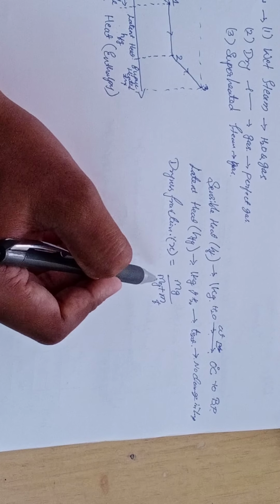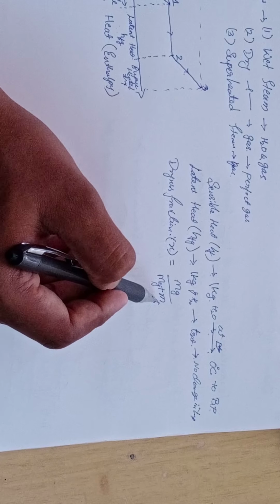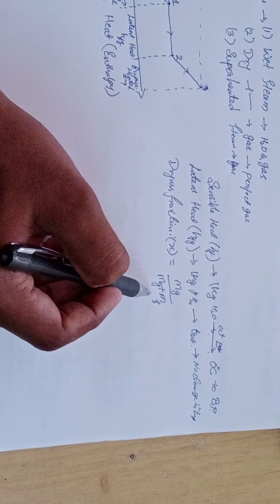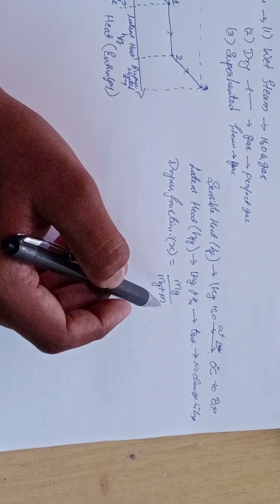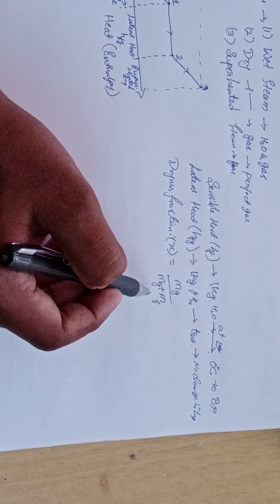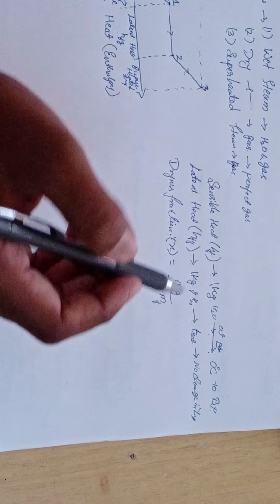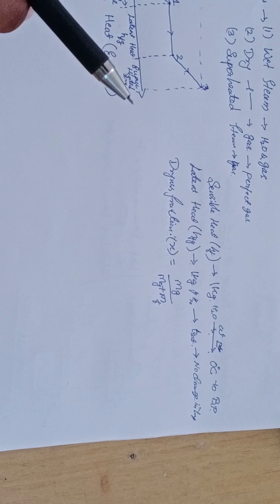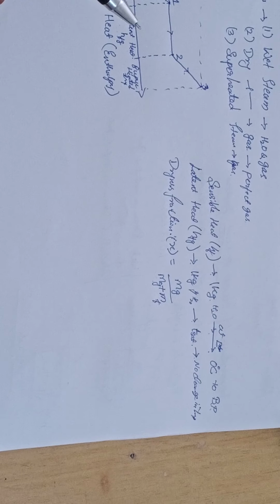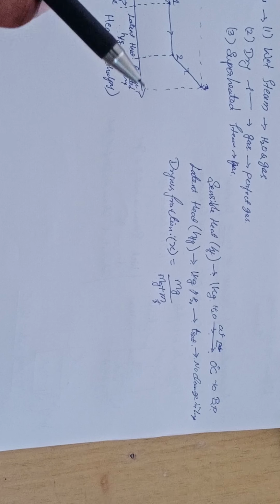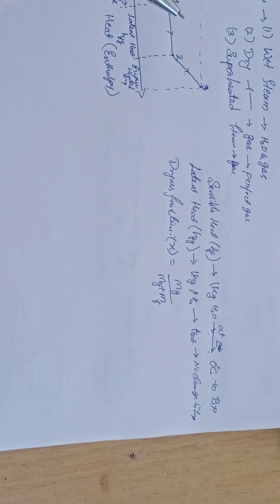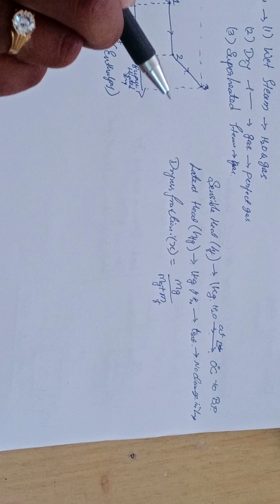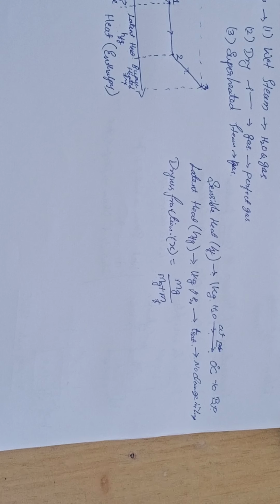So the mass of the gas and the mass of the fluid together make up the total mass of the wet steam. Dryness fraction is defined as the ratio of the mass of actual dry steam to the mass of the same quantity of wet steam.